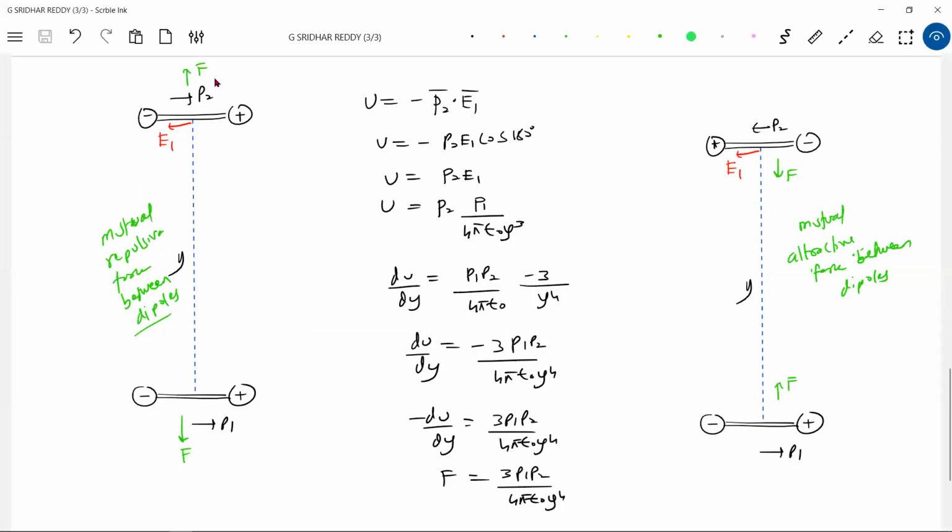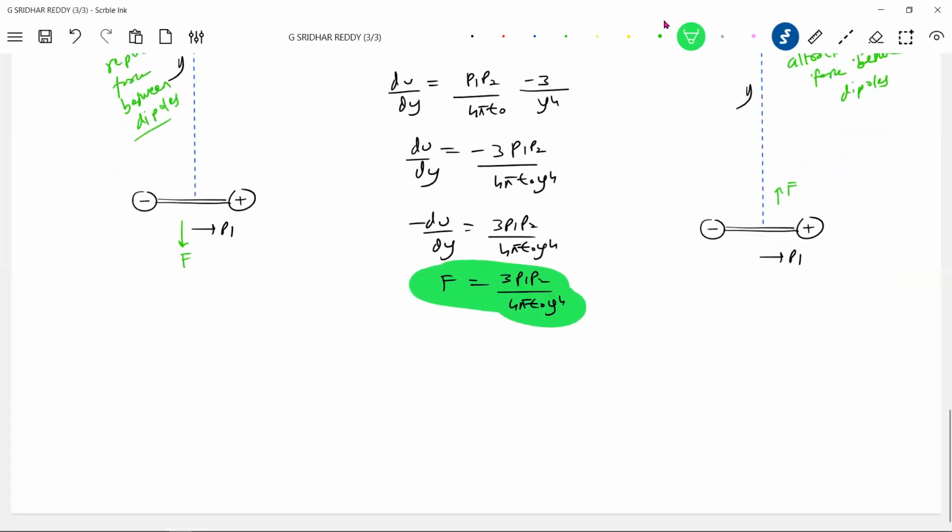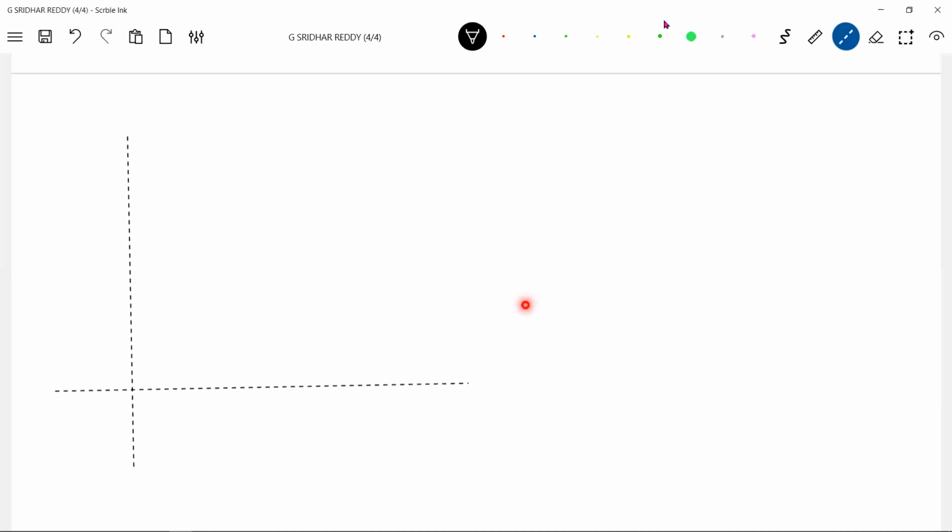Okay, now I'll trouble you with the next condition. Let's see how a student will analyze it. Suppose I keep the dipoles in a very random way. Instead of drawing the dipole every time, let me show it with an arrow, which is a symbol we usually use.